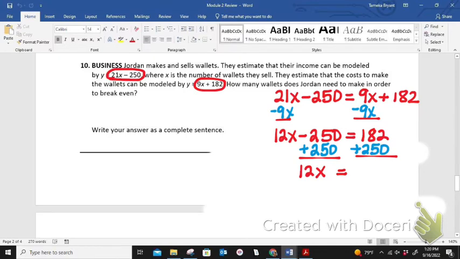So what's 182 plus 250? 432. All right, so now what are you going to do? Divide both sides by 12.